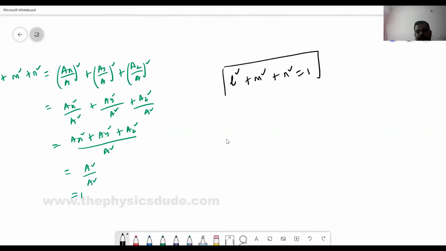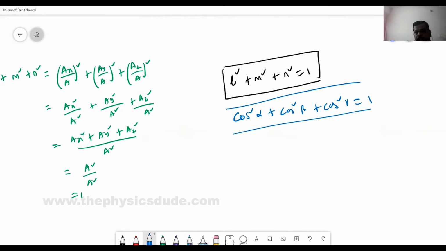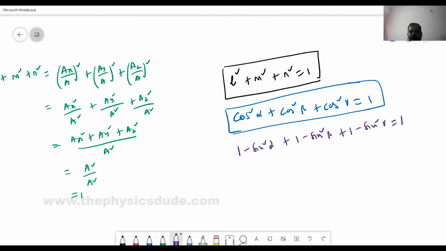Very important identity. The same I can write the other way as cos square alpha plus cos square beta plus cos square gamma is also equal to 1. This I can write as 1 minus sine square alpha plus 1 minus sine square beta plus 1 minus sine square gamma is equal to 1.